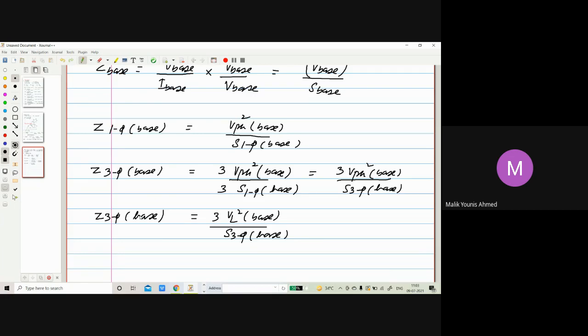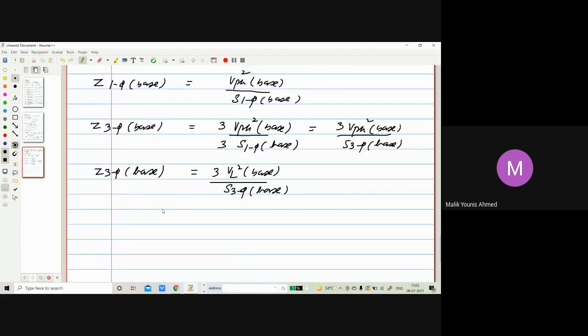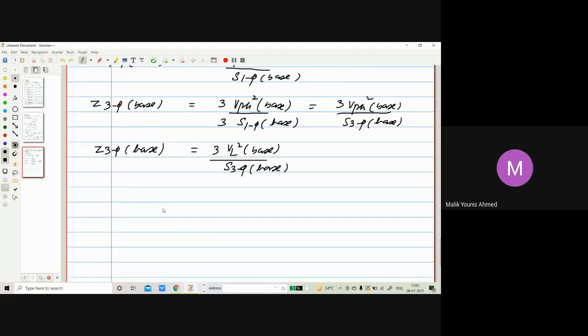Now out of these we can have some more conclusions. Z impedance base for a star connection is VL square base divided by S three phase base.